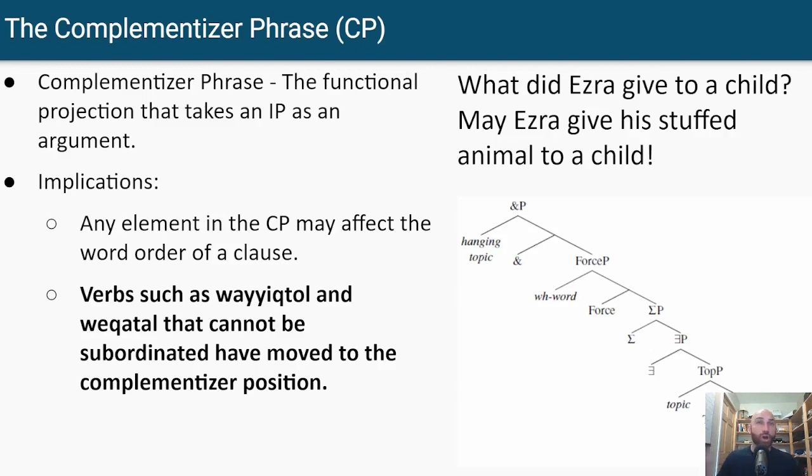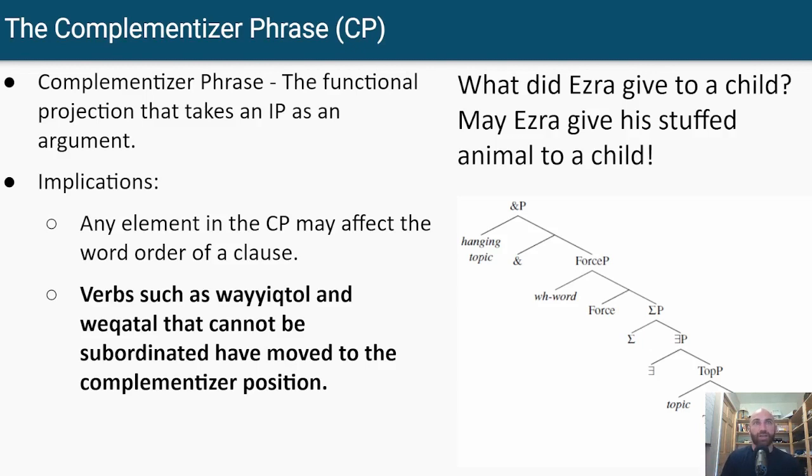And we know what ki is doing, right? And what asher is doing syntactically as far as where it is, because those elements take a full clause after it, right? So it takes a whole TP or IP after it. So that means those elements, this is what they are. They're complementizers. So a complementizer is something that introduces a complement clause.